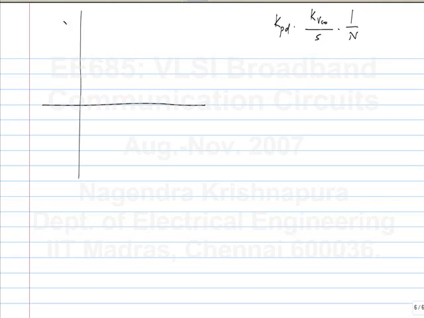It has a minus 20 dB per decade slope throughout. And what is this frequency? This is the unity gain frequency, which is KPD KVCO by N. What I am plotting here is the magnitude of the loop gain versus the frequency.